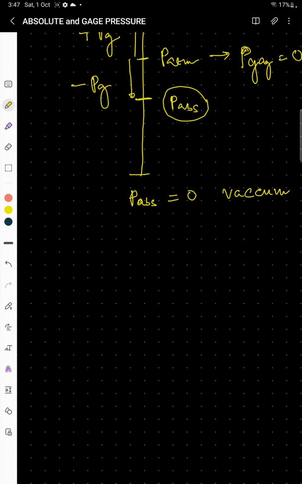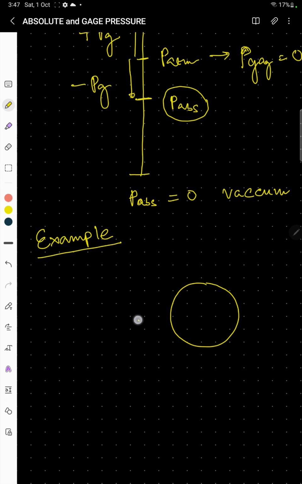Now let's try to understand this concept, because it will be used throughout this course. Let's take an example, and this will be easy for you to understand. You have a football, and the gauge pressure given to you is P gauge equal to 100 kPa.